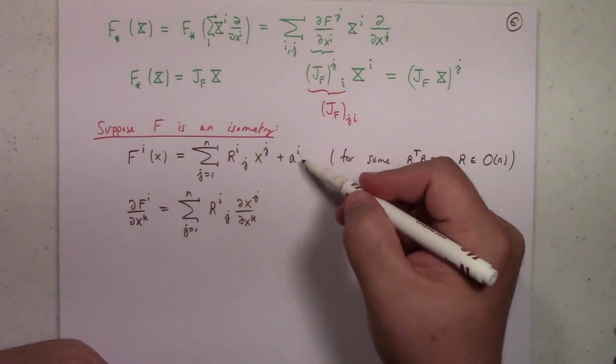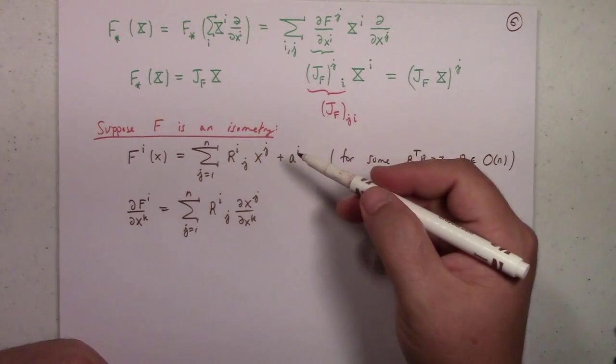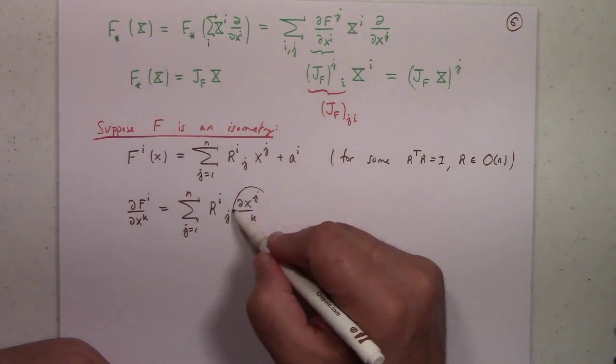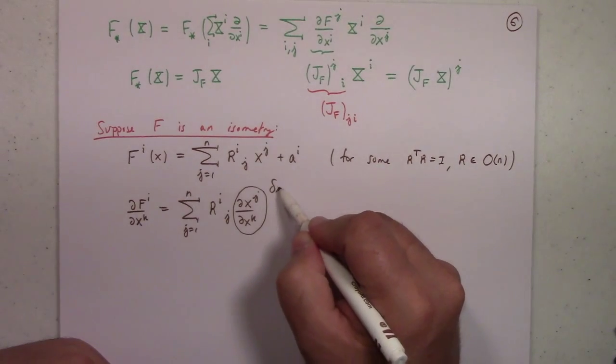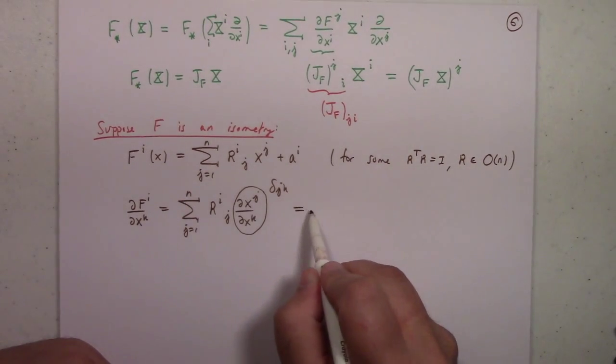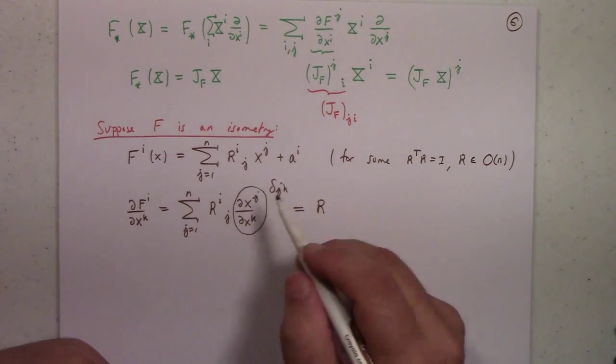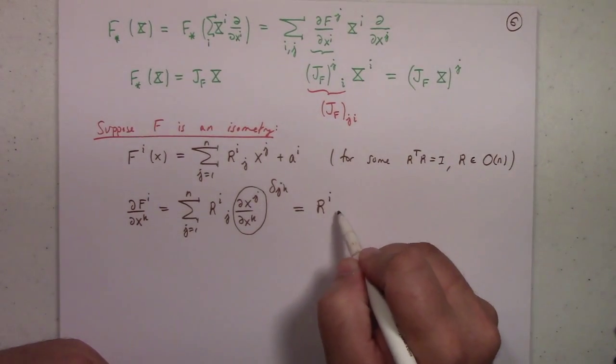And this differentiates to 0. That's just a constant, it's got no x dependence. So this is what you're left with. But hey, this is our old friend, the Kronecker delta. And so what you're left with, of course, is just R. Let's see here, i and k are free. Better keep them. I and k.